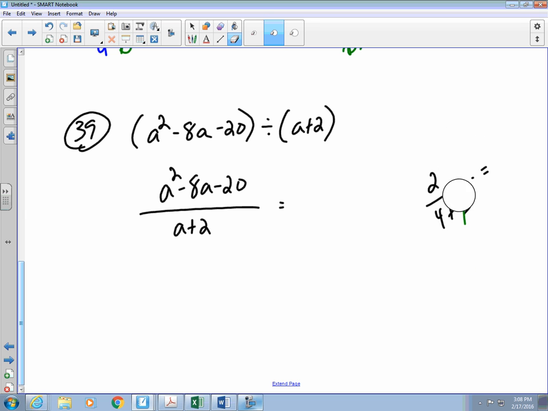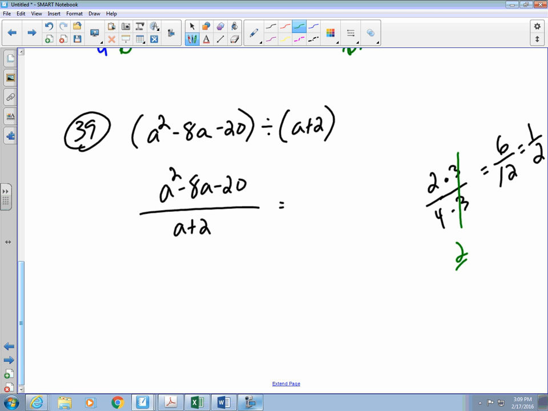But if I change that to a product, times 3, times 3, and I go the old way, 6 over 12, that is 1/2, which is the same as if I were to just cross it out and get 2/4. Right? These are equivalent. So it's all about getting that product.